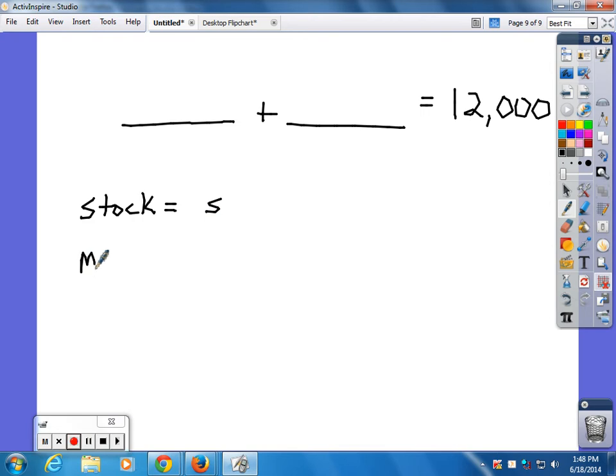Mutual funds is equal to M. Okay, so S plus M is equal to 12,000. But they give us a little twist in the problem. Let's go look at the problem again and see what it says.